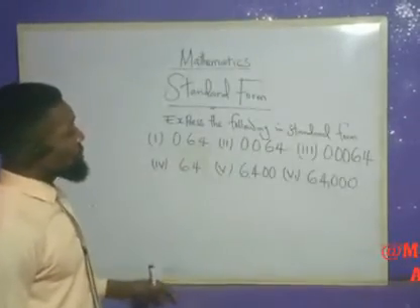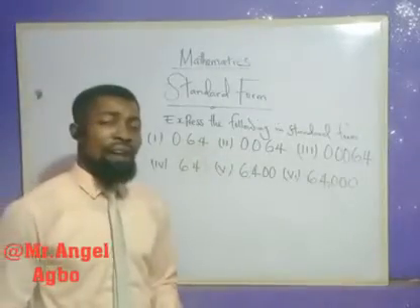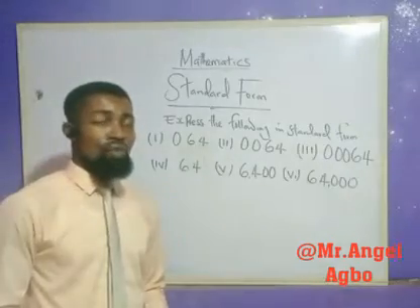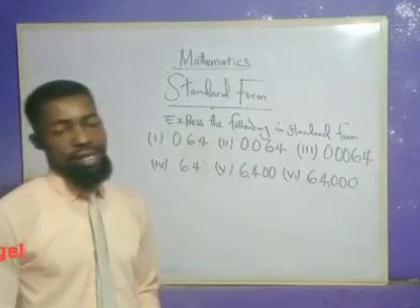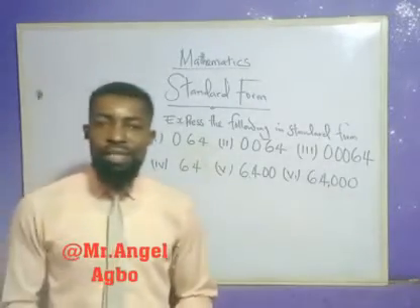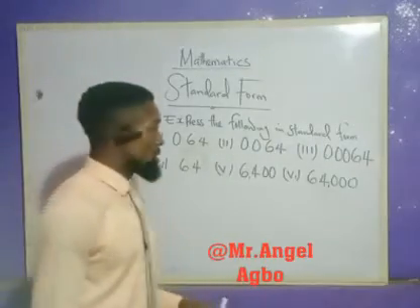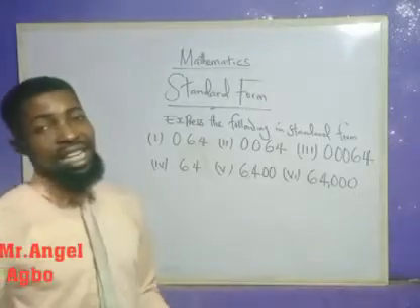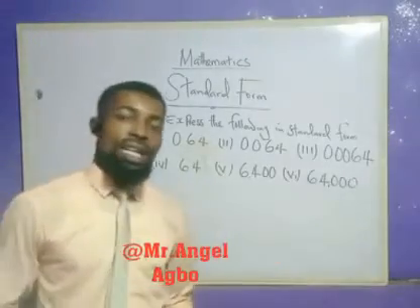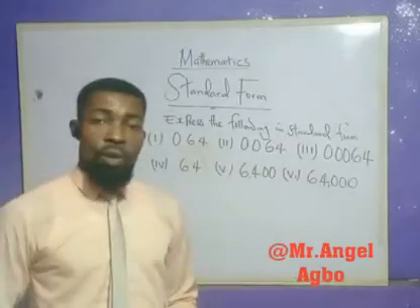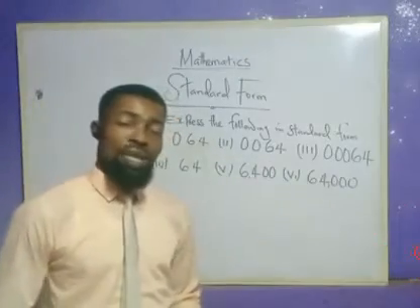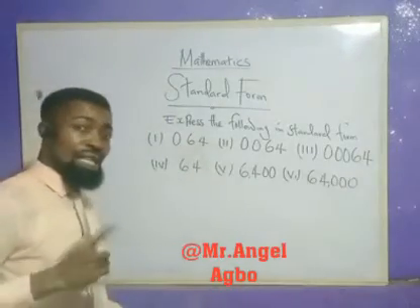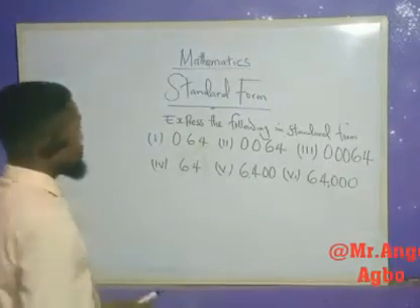When we have a negative integer, we'll be counting to the right. When we have a positive integer, we'll be counting to the left. I believe you will understand better by the time I explain it more.